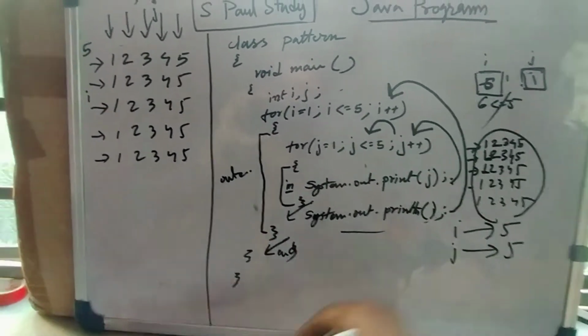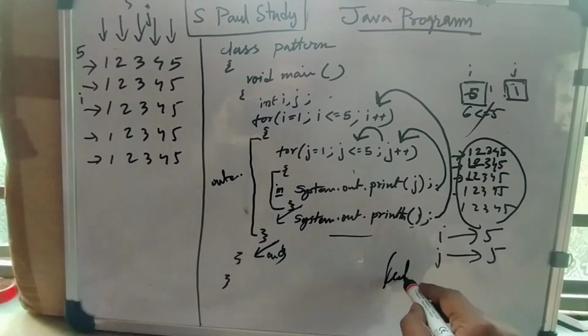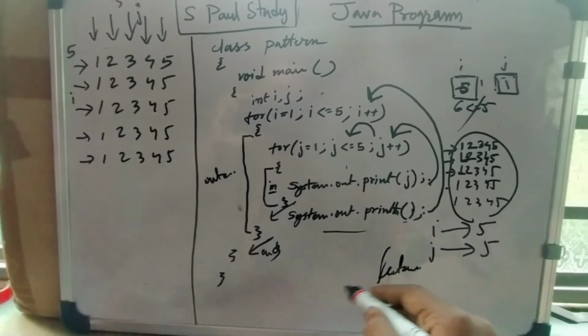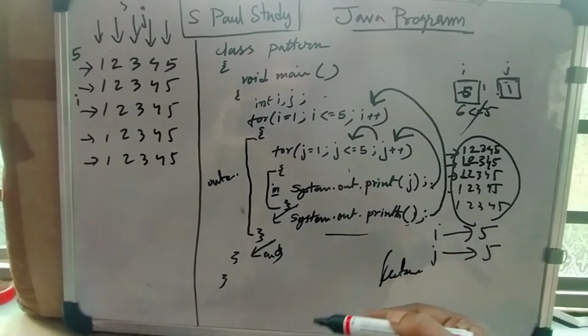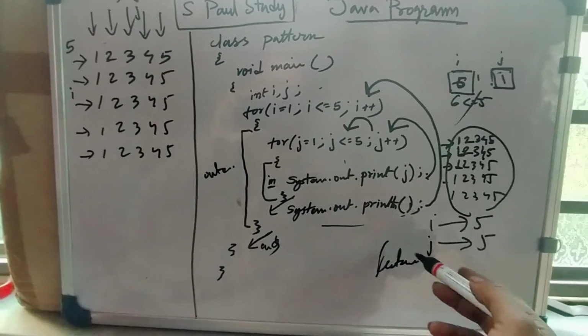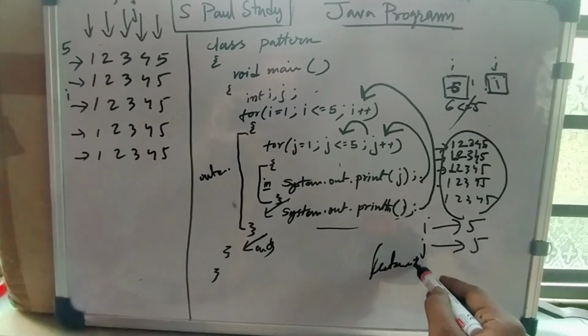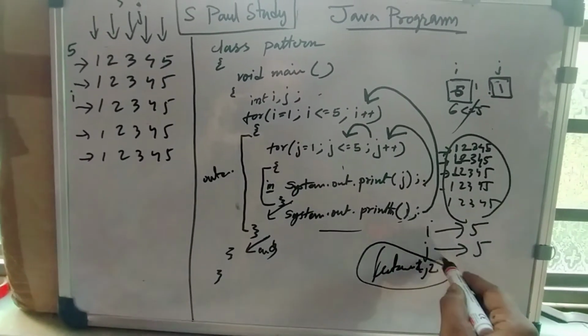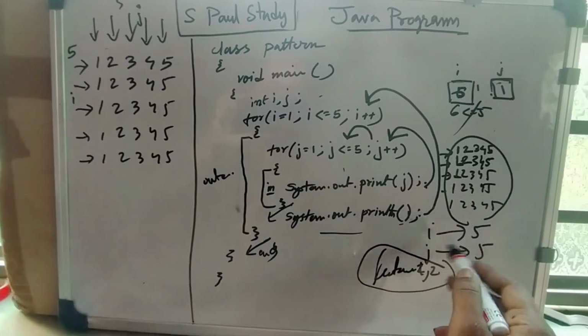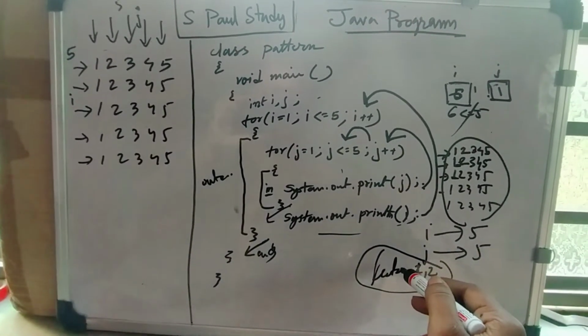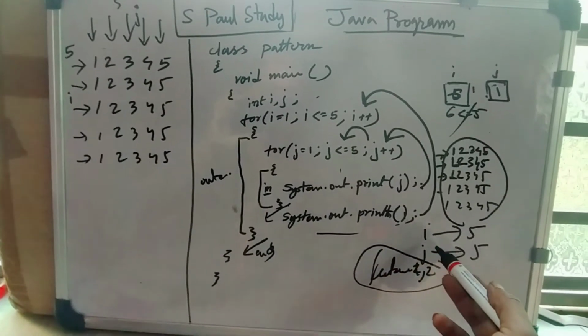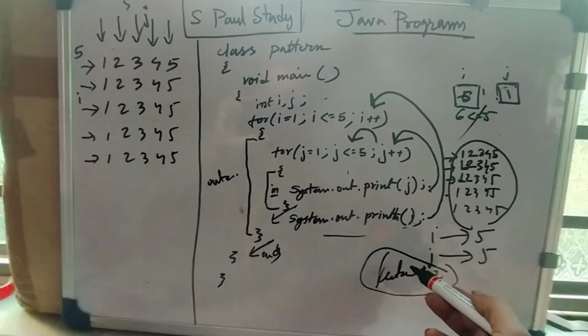If you have seen the previous lectures in this pattern series, the Java programs based on patterns, lecture number 1 and 2, you can understand this very well. There, I and j were depending on each other.